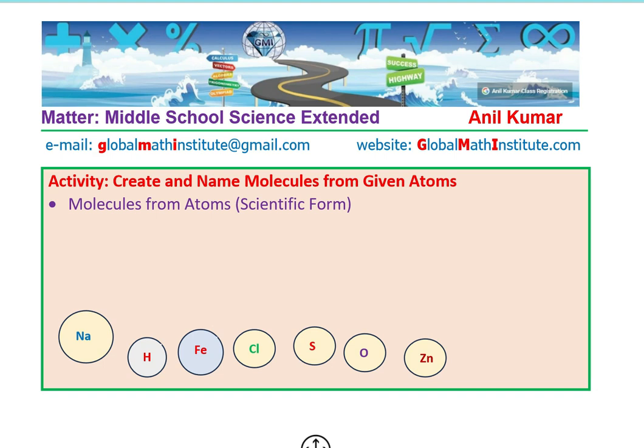So as an exercise, try to form molecules using these atoms, as many as you can. And for each, write down a scientific formula as we discussed. If you know the name also, how do we write the name? Explore and write down the names also for them.